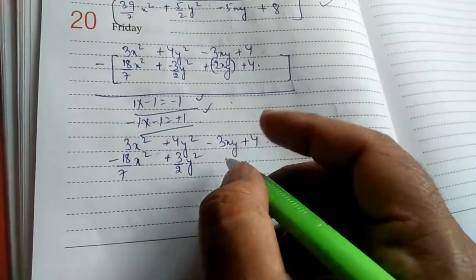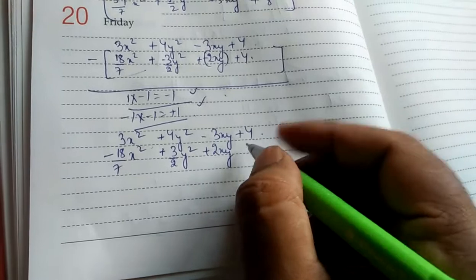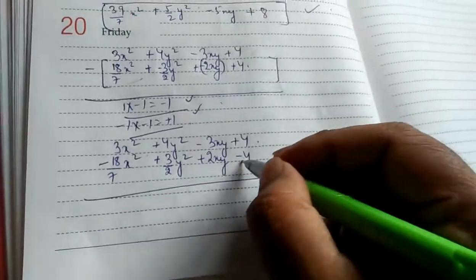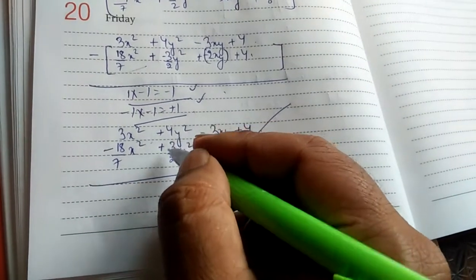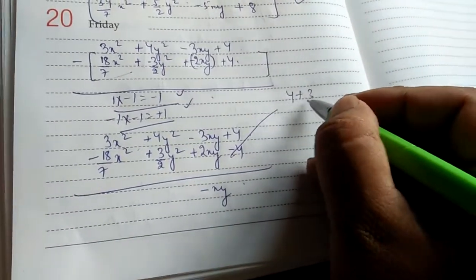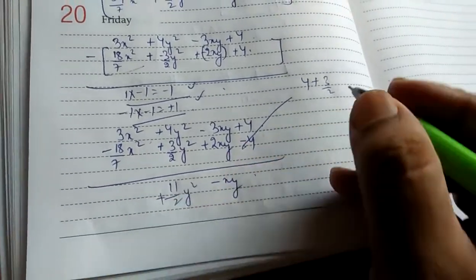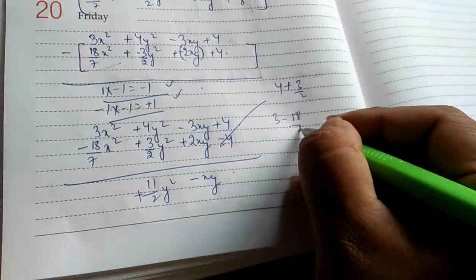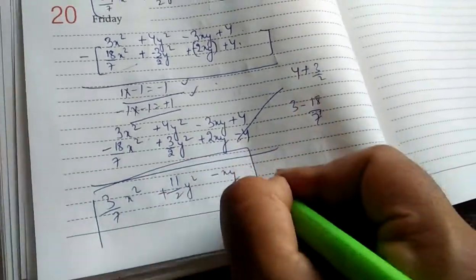Okay, minus minus again becomes plus, so plus 2xy, this will become minus 4. This cancels out to be 0. This is minus xy, this is 4 plus 3 by 2, so this is 11 by 2 y square. 3 minus 18 by 7, which is 3 by 7 x square. So this is the answer.